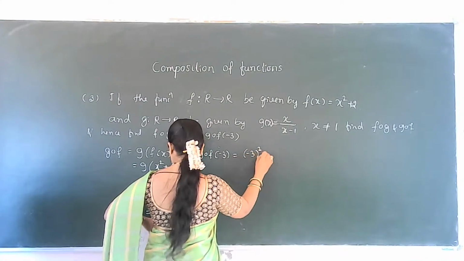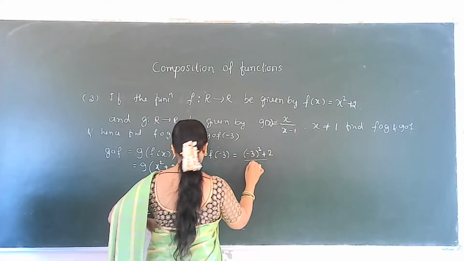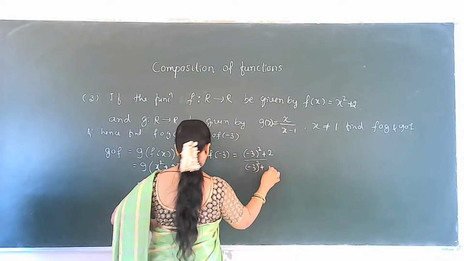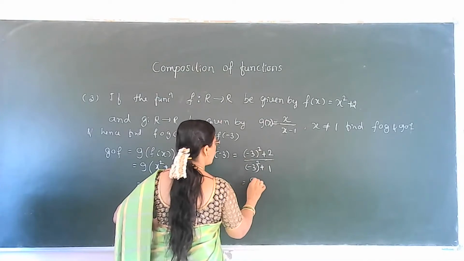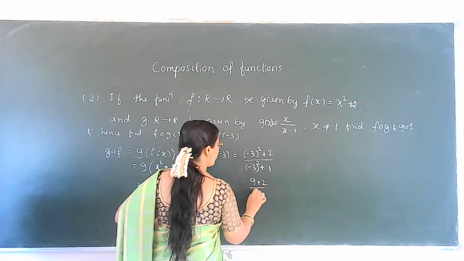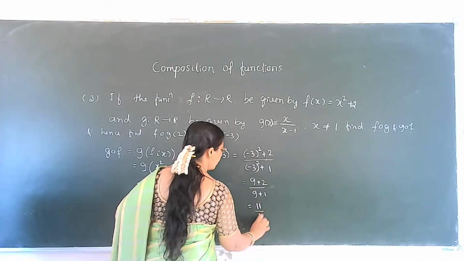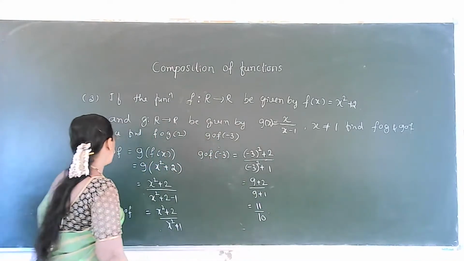Therefore, minus 3 square plus 2 divided by minus 3 square plus 1, which is equal to 9 plus 2 divided by 9 plus 1, which is equal to 11 by 10.